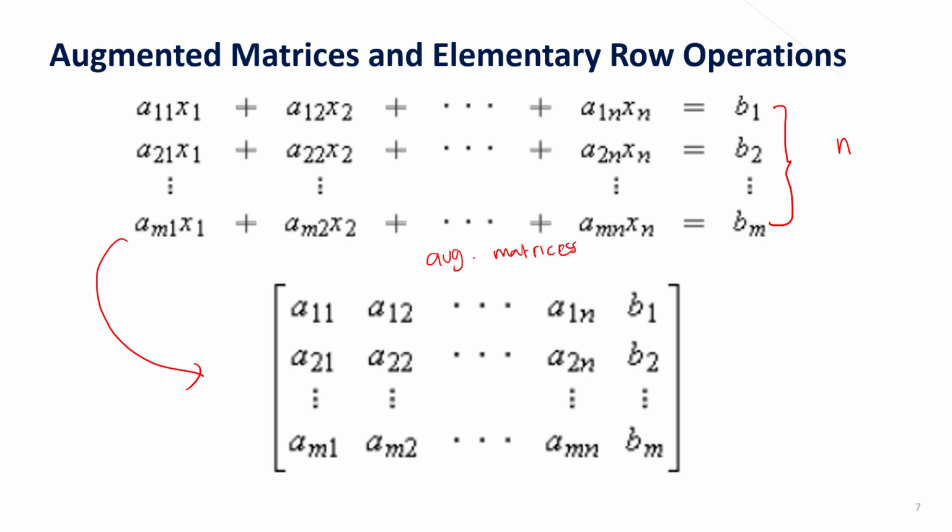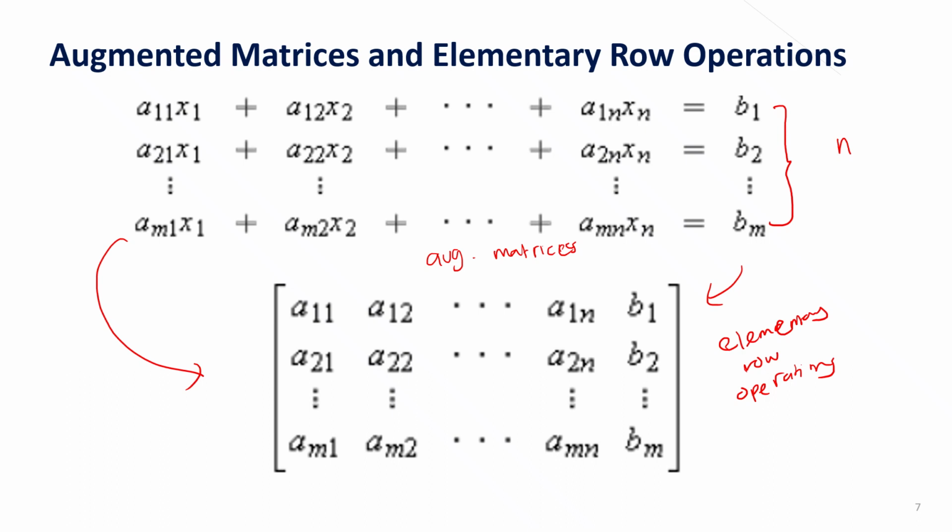So basically, later on this augmented matrix form will be used to perform operations called elementary row operations, which are several operations that we can do to help us find a solution for linear equation systems.